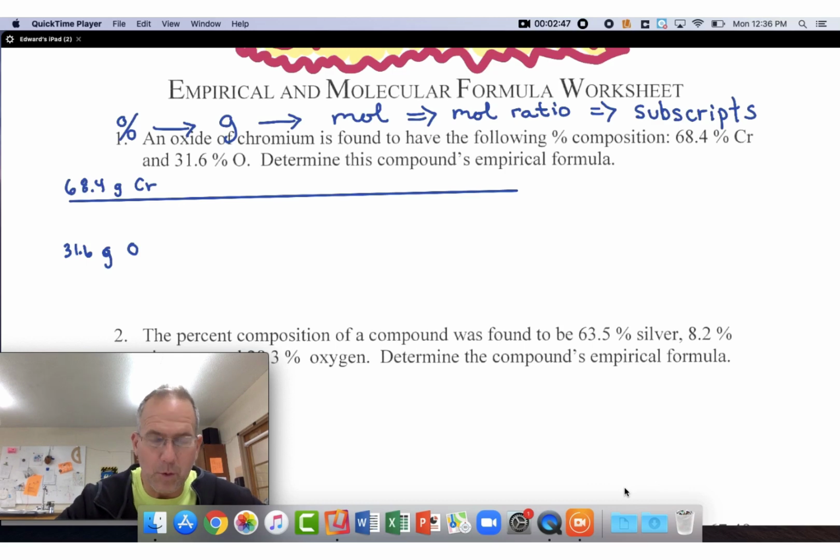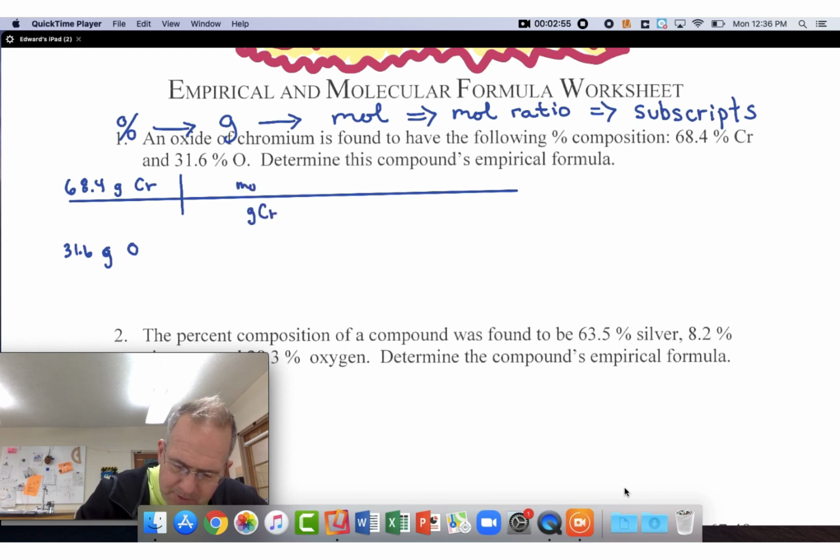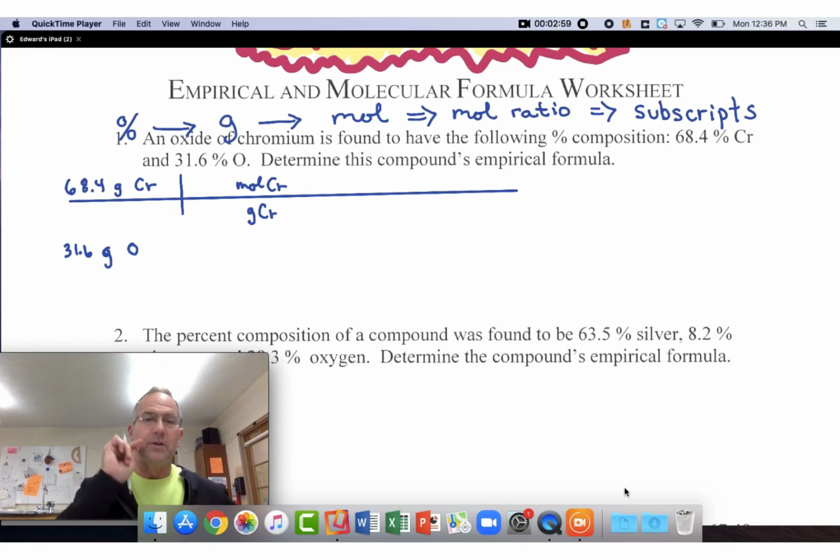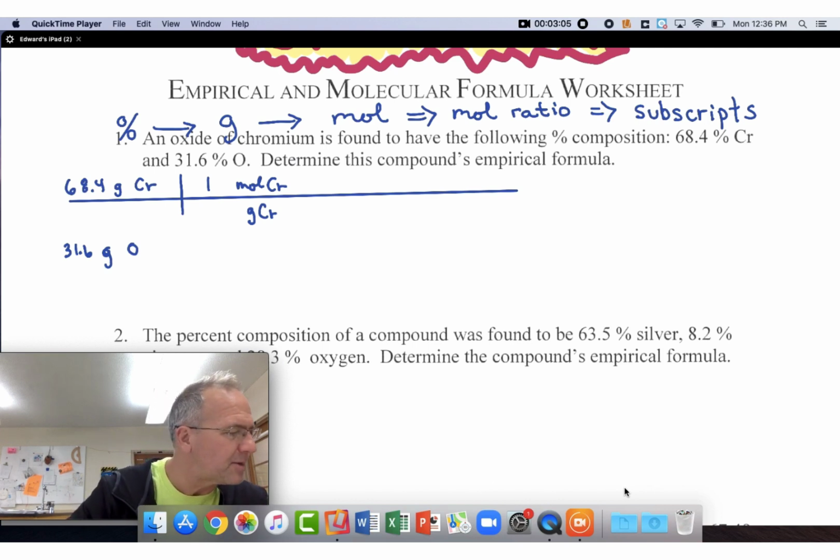All right, now we're going from grams to moles. So when we go grams to moles, we have to cross out the grams of Cr, and we'll change that to moles of Cr. If you have grams over moles or moles over grams, the moles is 1, and the grams comes from the periodic table. And I see that the grams of Cr is 51.99.